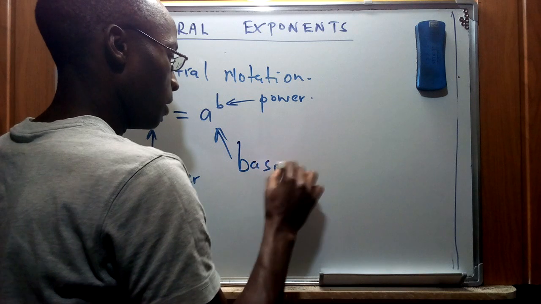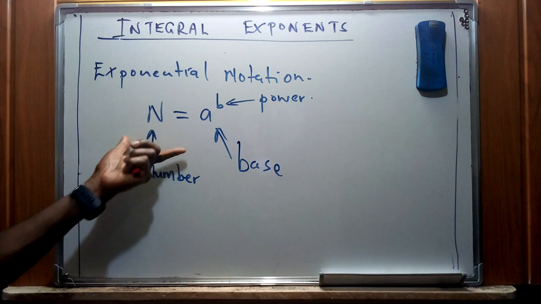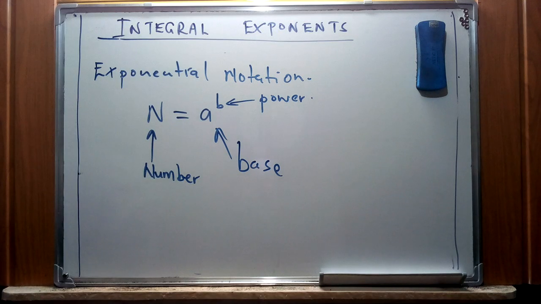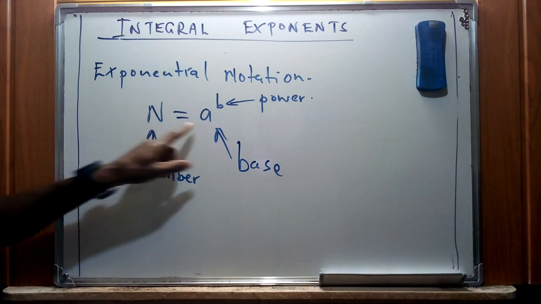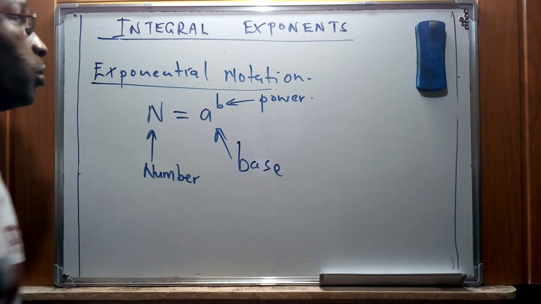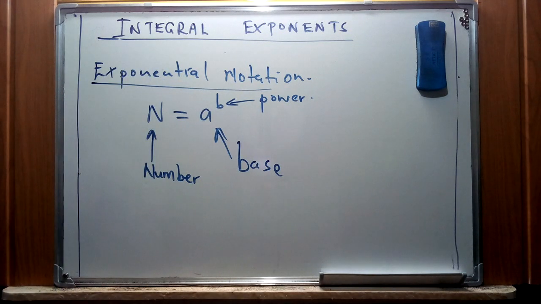Now this one builds for us a foundation for describing these integral exponents, in that these different parts of an exponential notation are going to give us a clue on how we can represent these specific integrals.